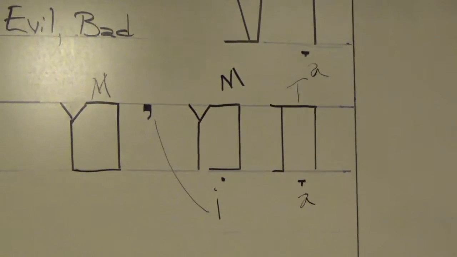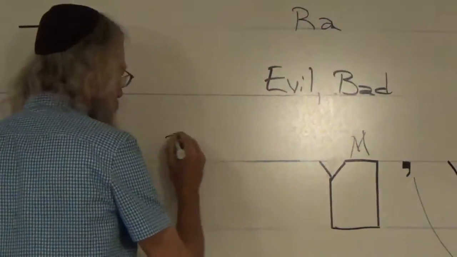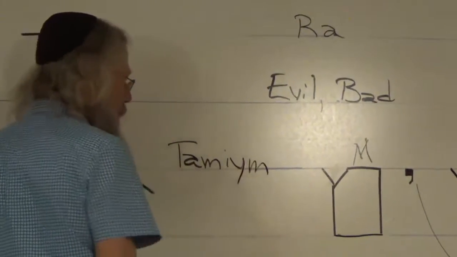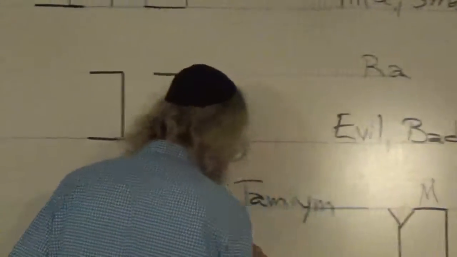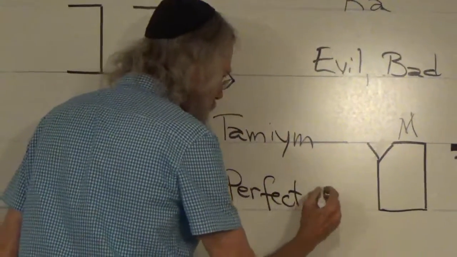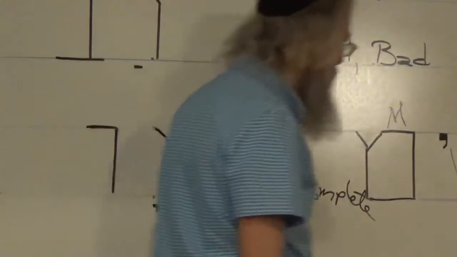Tamim. And Tamim means what? Tamim means perfect or complete. Tamim.